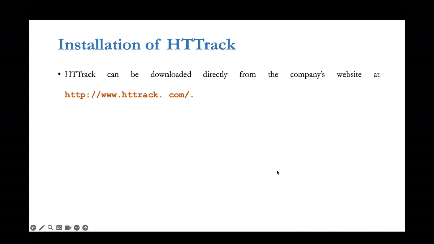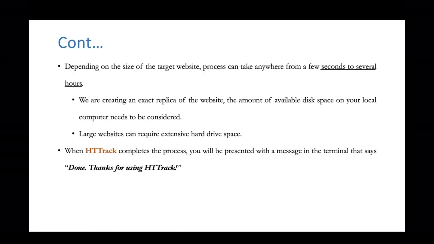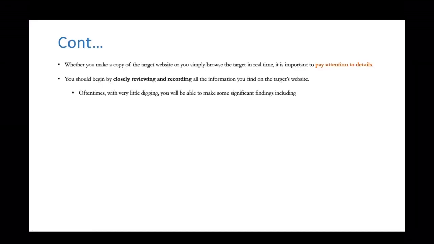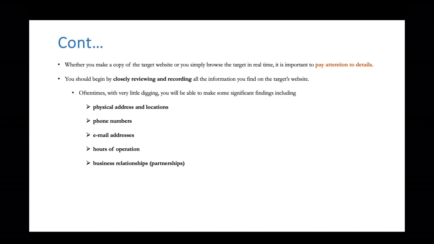Okay. So, what is the most important information which we need to gather on this particular one? Oftentimes with very little digging you will be able to make some significant findings, including their physical address and location, their phone numbers, email addresses, hours of operation, business relationships, employee names, social media connections, and other public details.